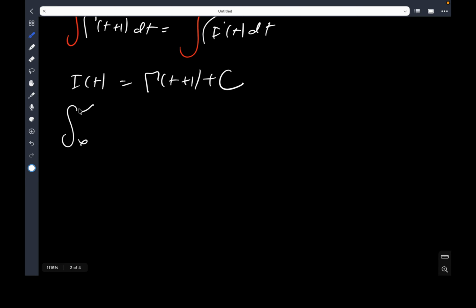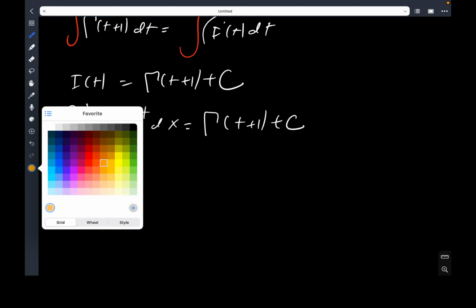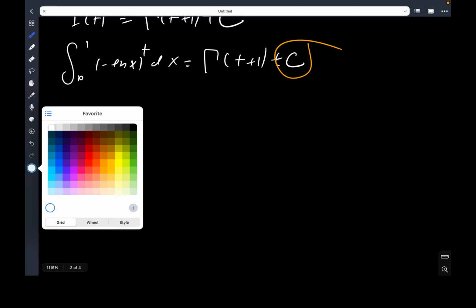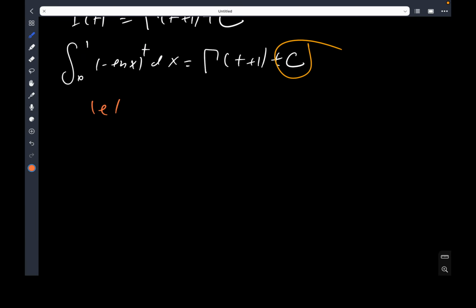Now, my integral originally, I of t, was the integral from 0 to 1 of (negative ln x) to the t dx, which equals gamma of t plus 1 plus c, some constant of integration. We have to find this constant of integration first. So for this, I'm going to let t be equal to 0 and see what happens.